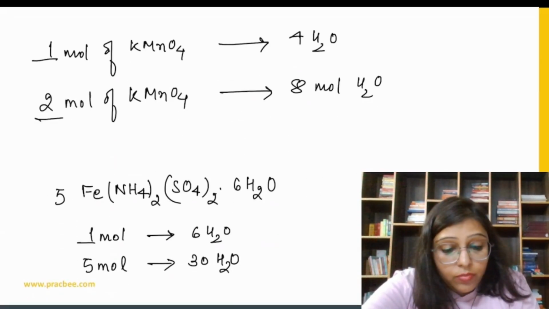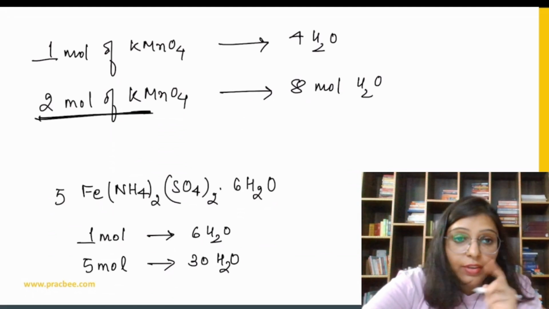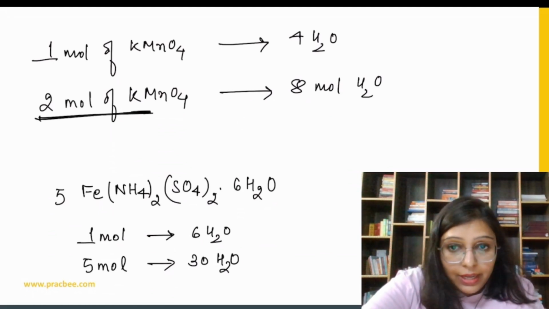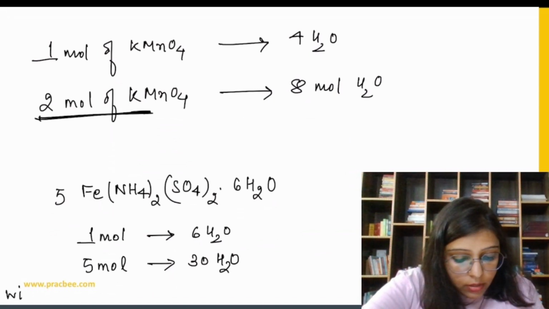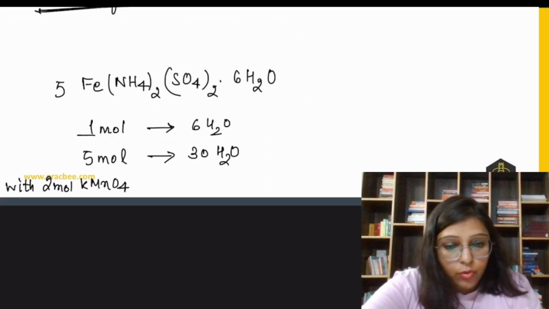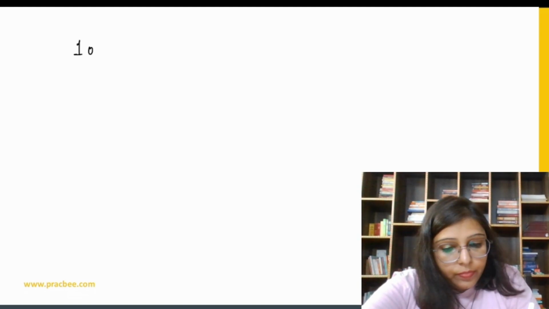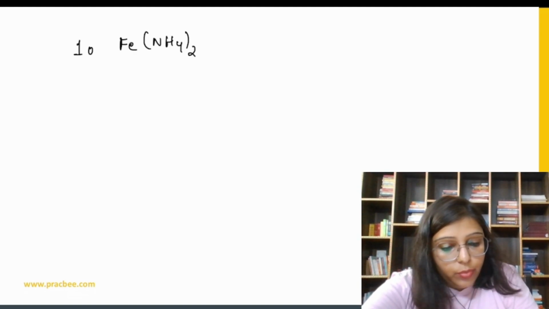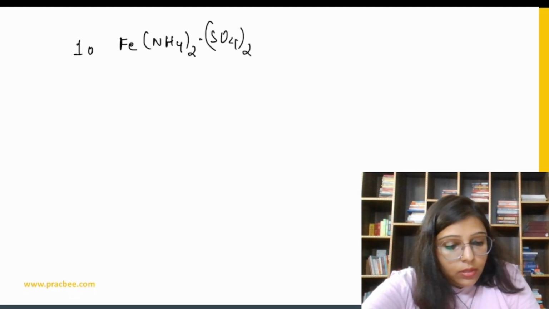But now in the question we have 2 moles of KMnO4. It means with 2 moles of KMnO4 we have 10 Fe(NH4)2(SO4)2·6H2O.